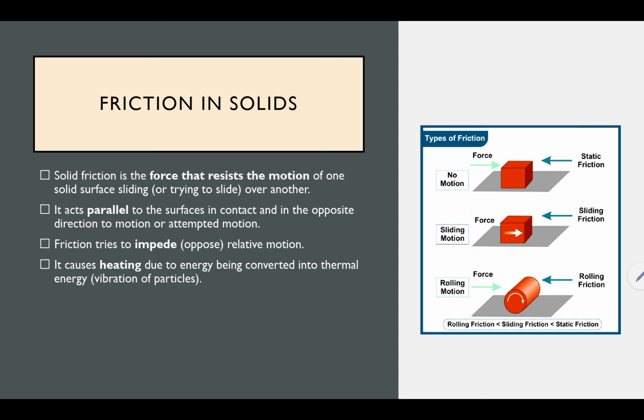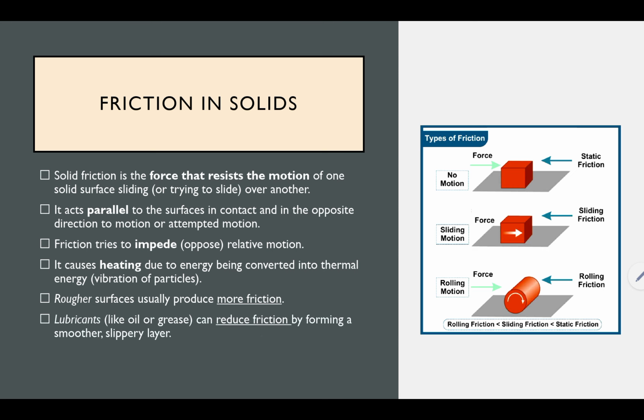Particles vibrate more with heat. And the rougher the surface is, the more there will be friction. Just imagine if you're trying to slide with your feet on ice versus on grass versus on wood versus on concrete. The rougher the surface is, the more you'll feel the heat on your feet. That's because the rougher the surface, the more the friction.